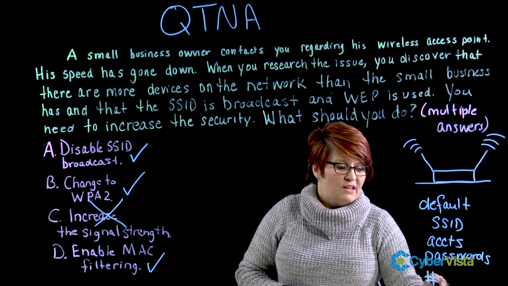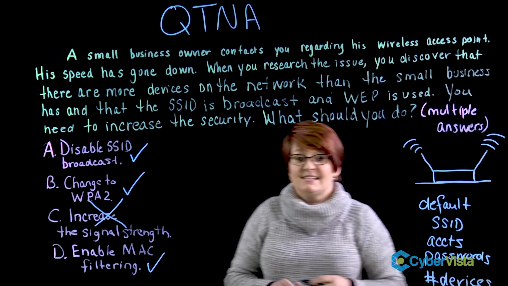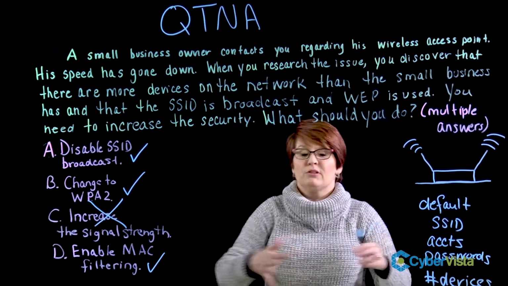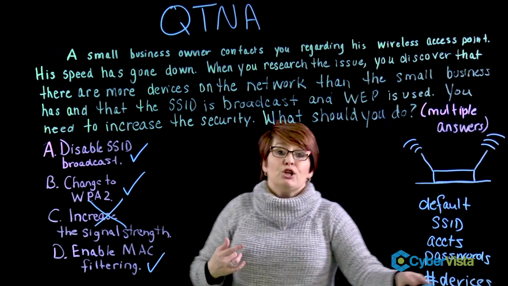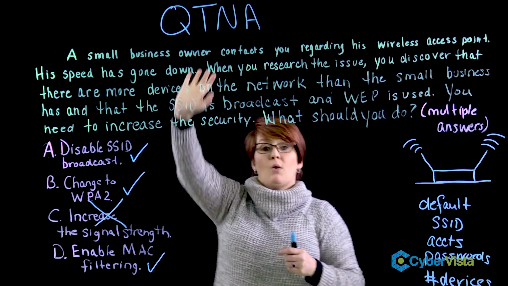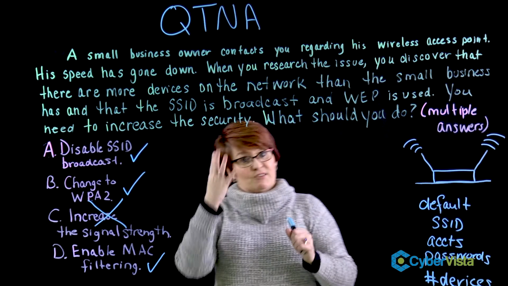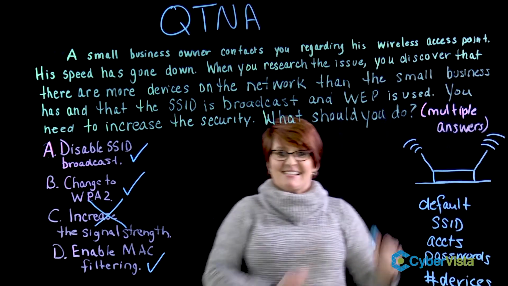And then another thing that you can do that I did not mention here is, most of them have an area on it where you can configure the number of devices that connect. They have a maximum number. A lot of times they're 8, 12, 24, whatever. But you can change that. So in this scenario, you could also go in there and go, oh, this business has 4 devices to connect. So I'm going to go in there and say 4 devices can connect.